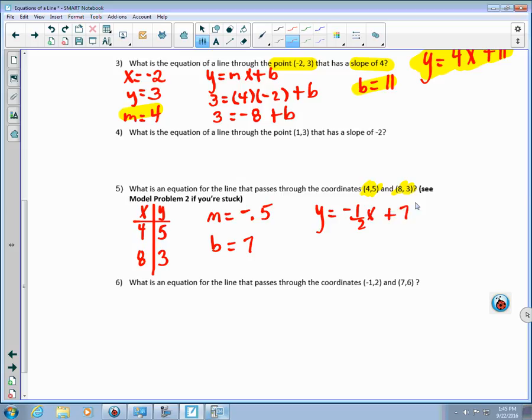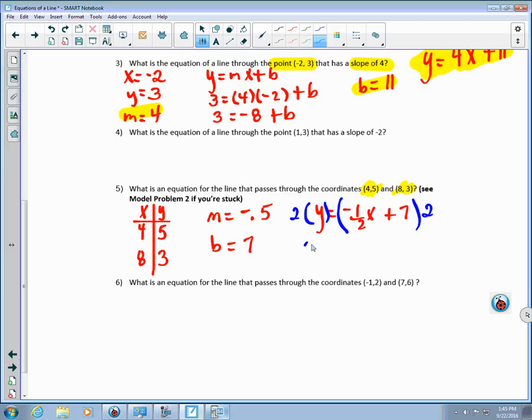Now, I want this one in standard form. So what's standard form? AX plus BY equals C. All right, so what do I have to do? Multiply by what? Thank you for those that didn't forget from the video or the do now. Very good.